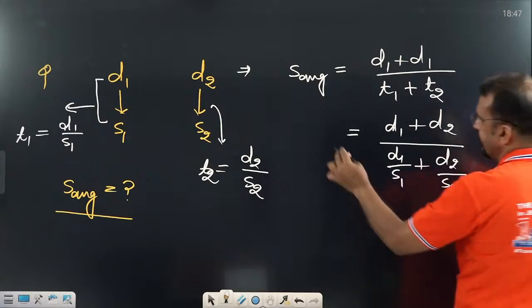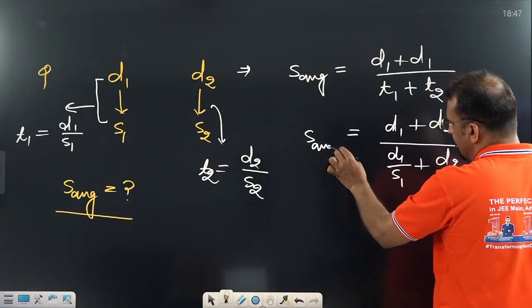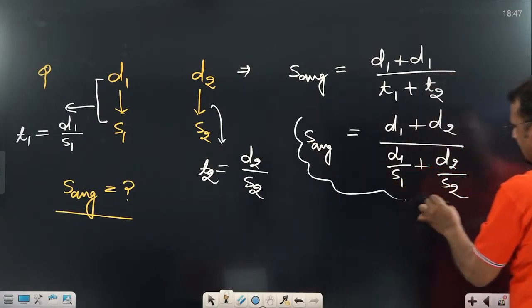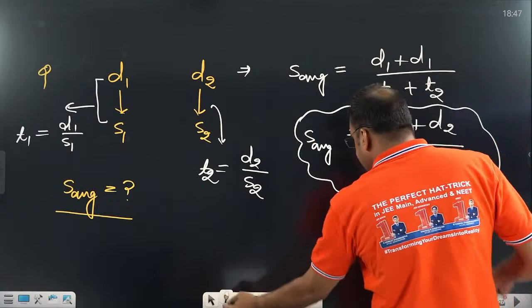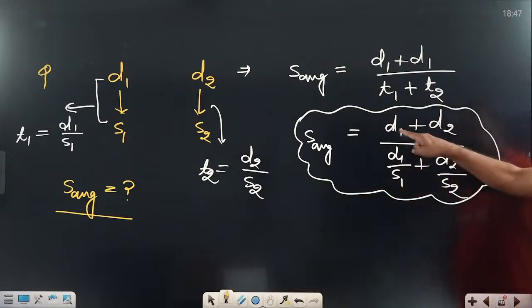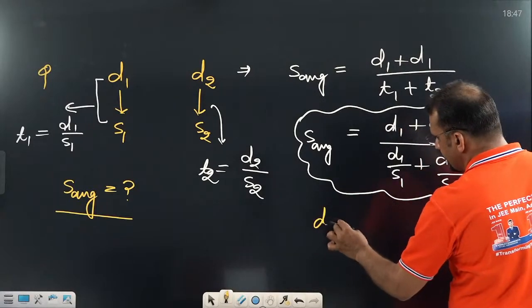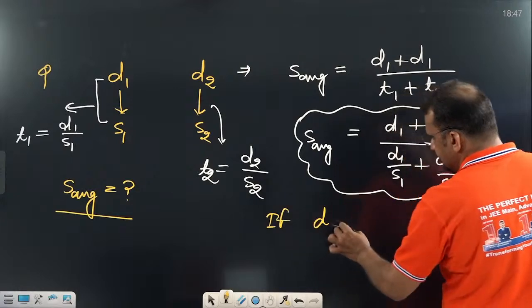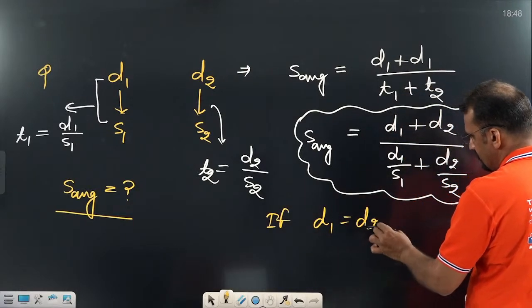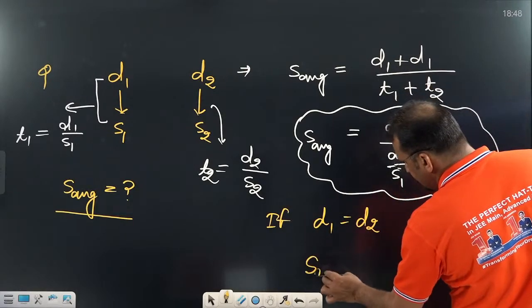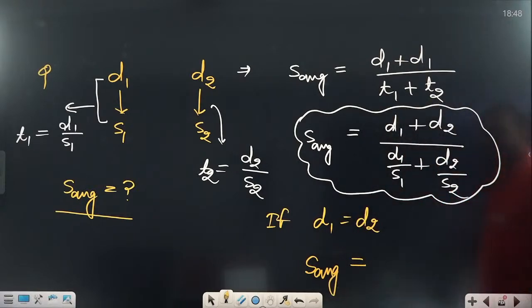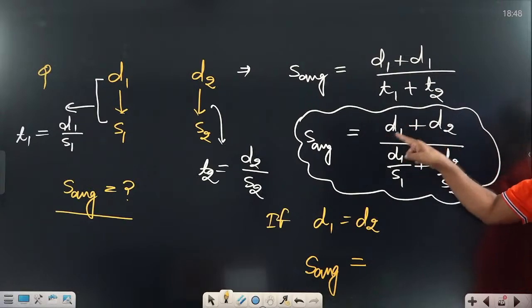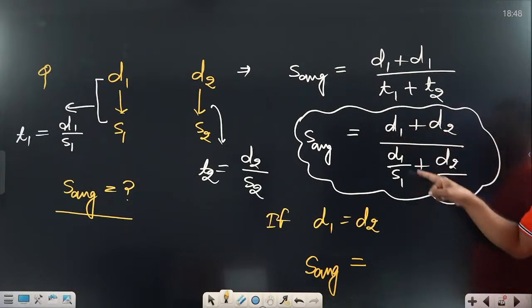Very important. Directly remember. But there is one special case that they always ask in the exam. What is that special case? When the distances are equal. When d1 equals d2, a very important case, what is the average speed? This has directly come in NEET, 2 times. Equal d means d plus d, divided by d by s1 plus d by s2.